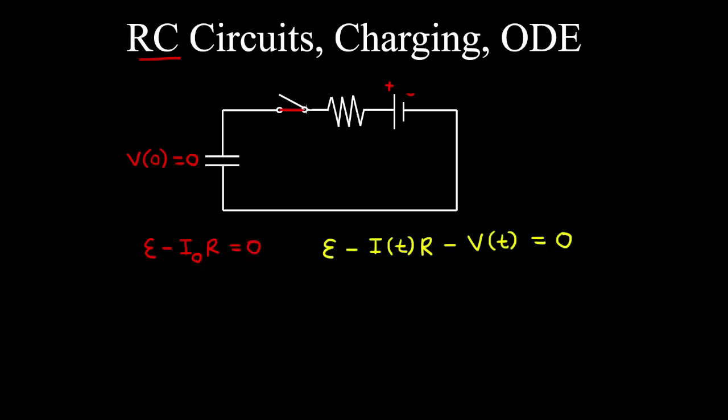And therefore the initial current in the circuit at time 0 is the electromotive force over the resistance. So the capacitor initially behaves like a wire.